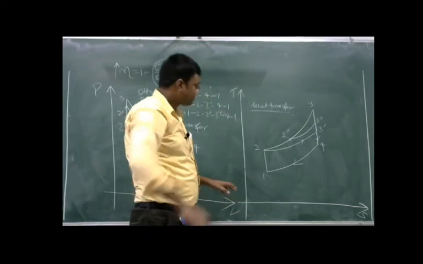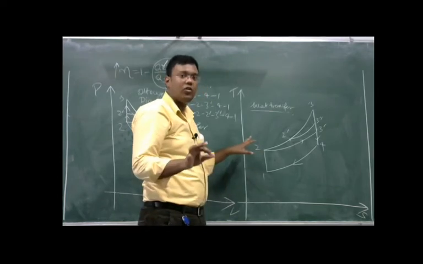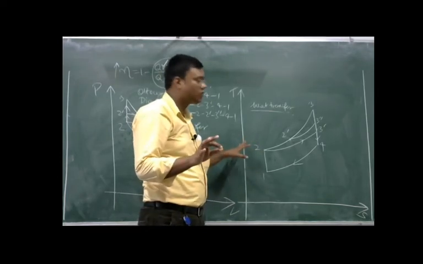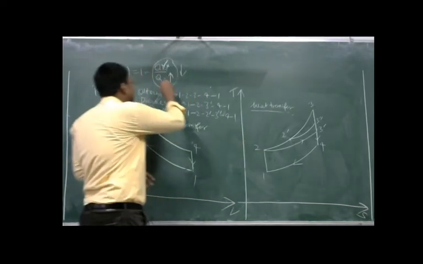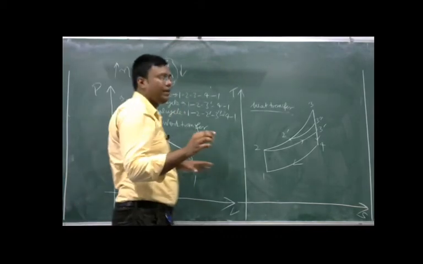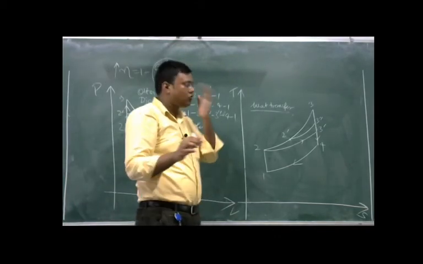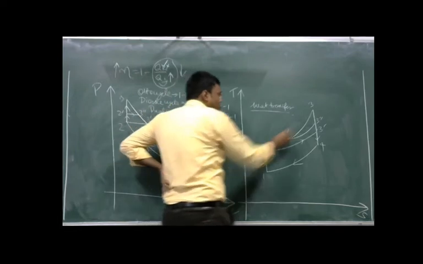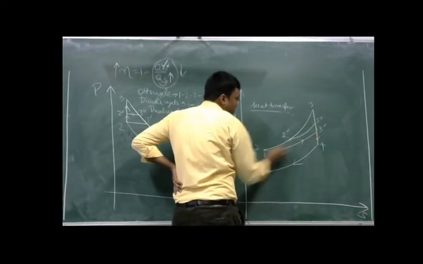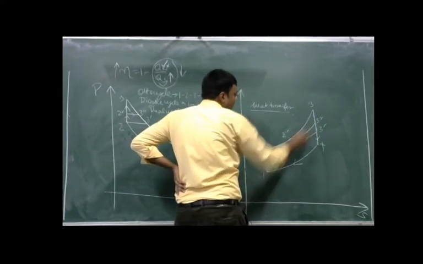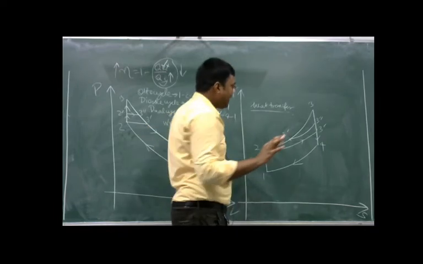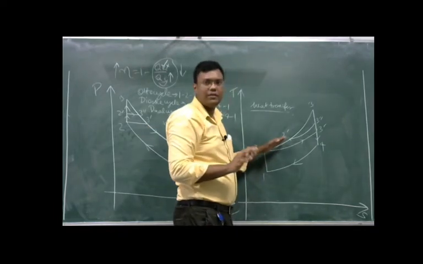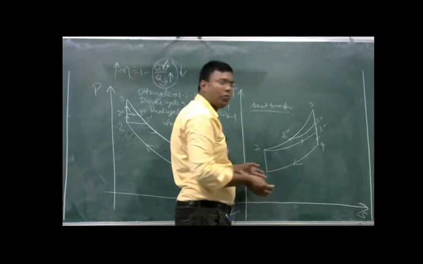Now we have seen all the curves for the heat addition process, QS. Now just see the area below the curve. From the curves 2 to 3 dash and 2 dash to 3 double dash, we can easily see that the area below the topmost curve is maximum. Which is the topmost curve?